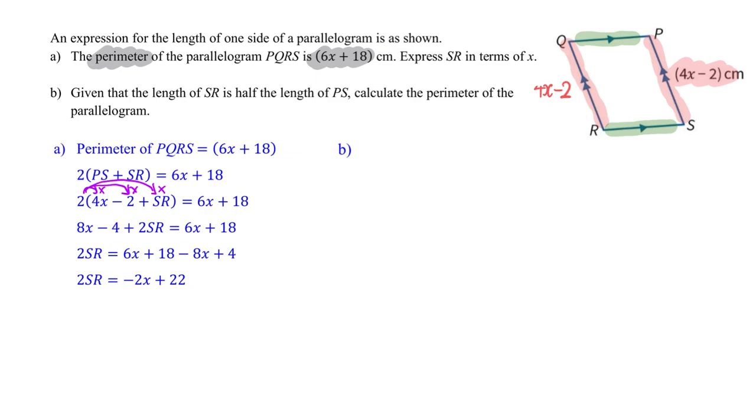And from there, I will need to divide by 2 on both sides, or times half, to get negative x plus 11. Of course, if you don't like to write negative x in front, you can always write 11 minus x in this way. Both are fine. And so, we have successfully gotten our SR.